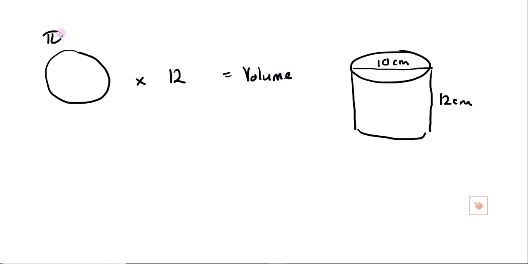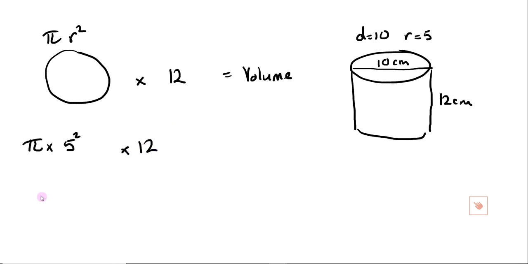So we've got pi, don't forget it's r squared. So we've got pi times what squared? 5 squared, good. Because diameter is 10, therefore the radius is 5. Okay. So that's where their next step is, that's where they're trying to catch you out, check your understanding. And then that's times 12.